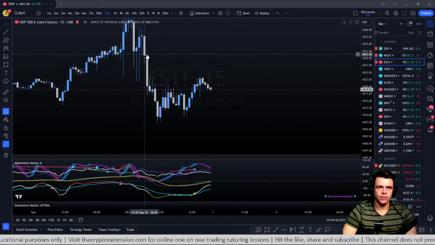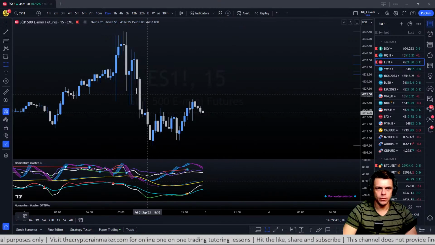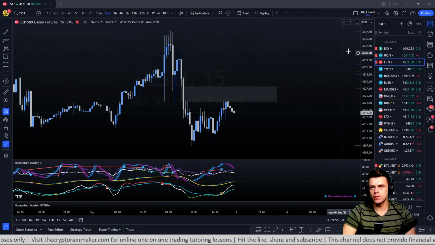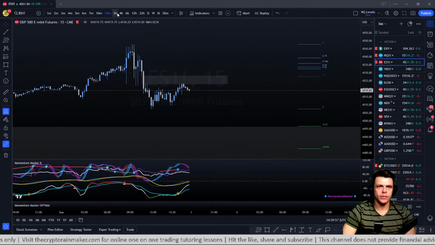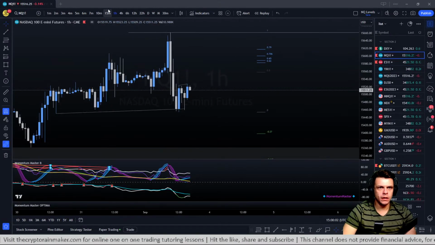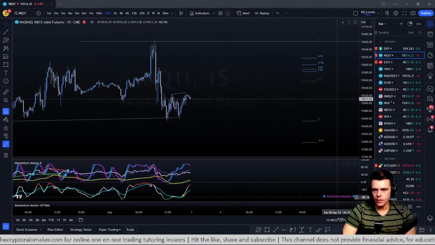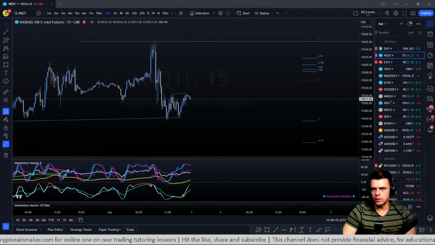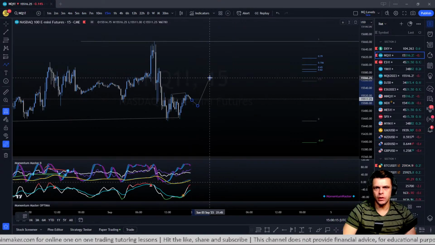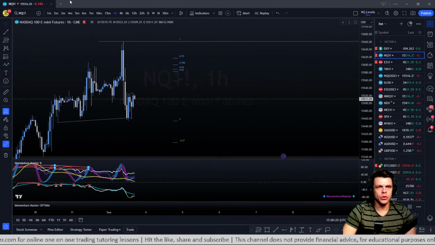And let's quickly get a fair value gap on this one. Just kind of tapped into it. And so I think with the Nasdaq having these relative equal highs, it seems likely they sweep this area to get into the premium range on the 1 hour, and then they push it to the downside.